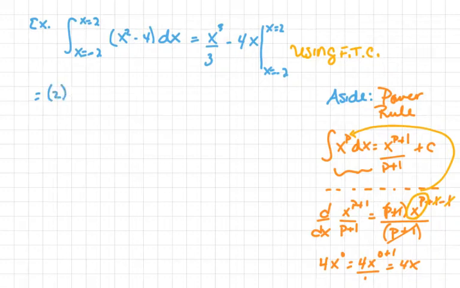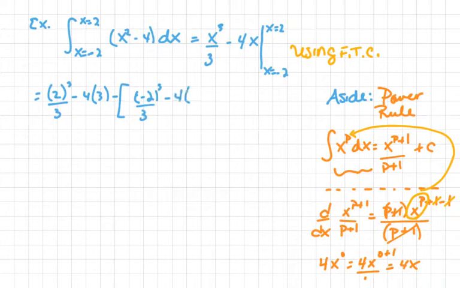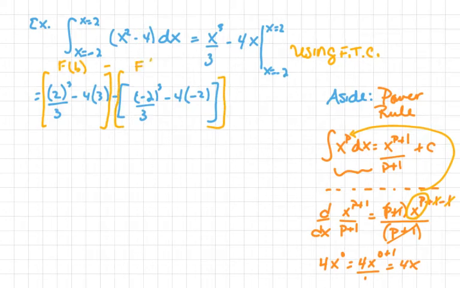We plug in the upper limit of integration, excuse me, and we subtract the lower limit of integration. Keep your sign straight here. I'm just going to bracket here so you can see that this is F of b minus F of a.